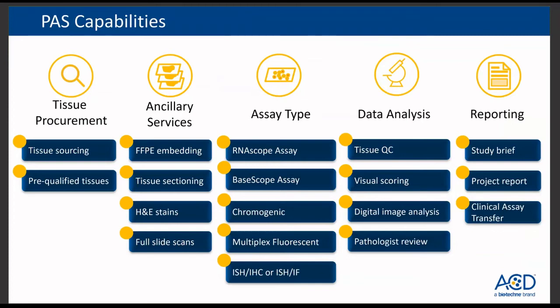And then as far as data analysis goes, we have our tissue QC that we can do separately, just that, or we can incorporate it into a bigger project. We have visual scoring and digital image analysis, which is done by our HALO team. And then we have our pathologist review, whether it's H-scoring or visual H-scoring.